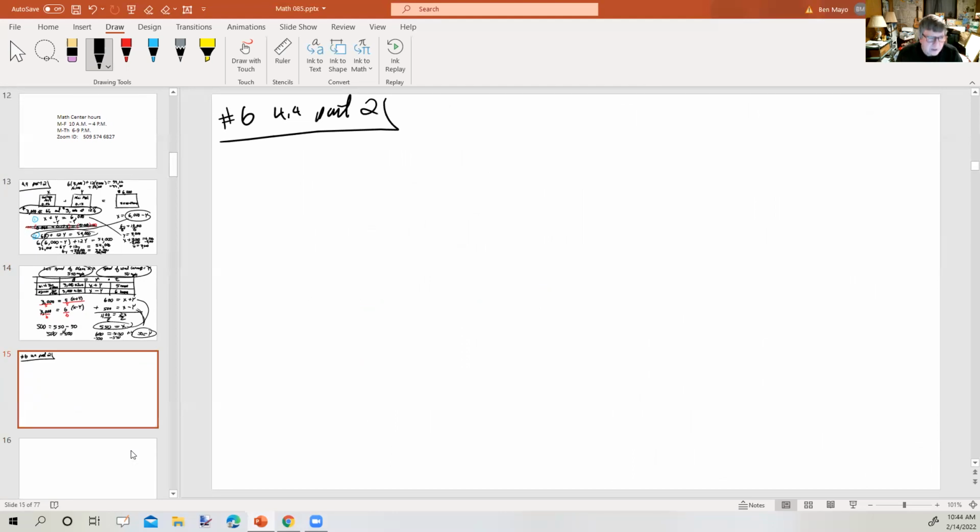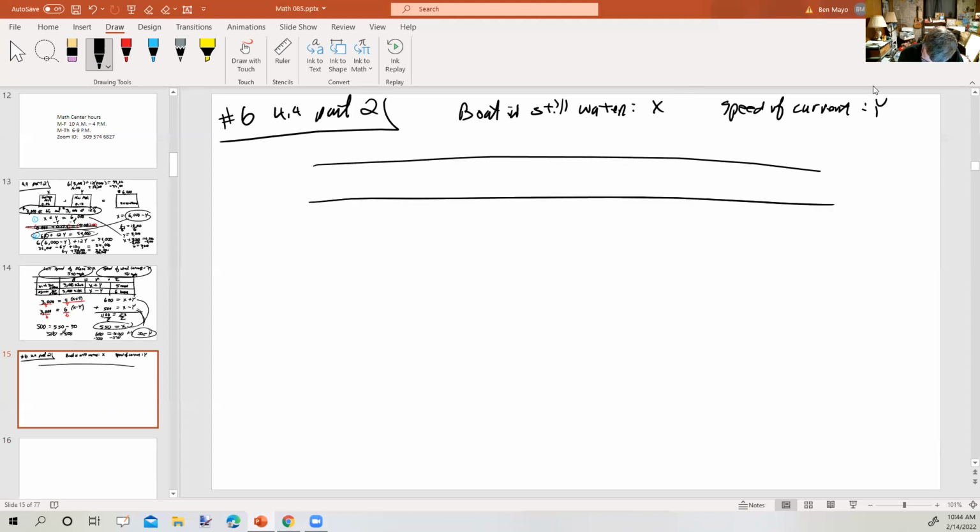All right. So the boat is going upstream and downstream. So we've got the boat in still water. We'll call that x. And the speed of current we'll call y.